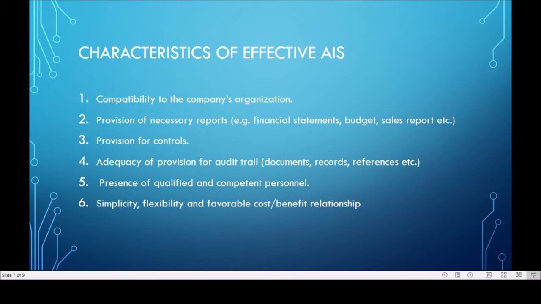There is a particular example that happened. This is a real life story, that in a particular company, there is a hired accountant, and she was handling the accounting system of the company. The system was good.